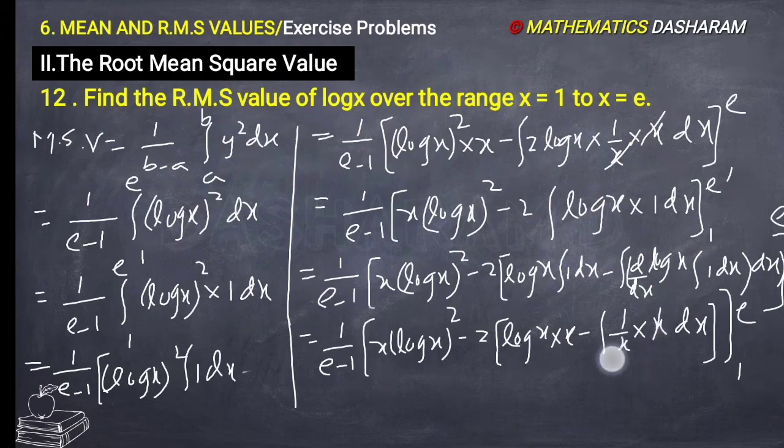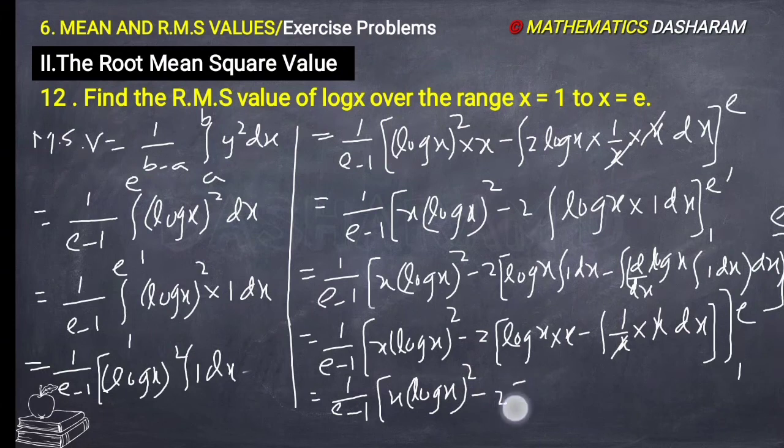Here x cancels. 1 by e minus 1, x into (log x) whole square minus 2 into x log x minus integration of 1 dx, which is x, 1 to e.